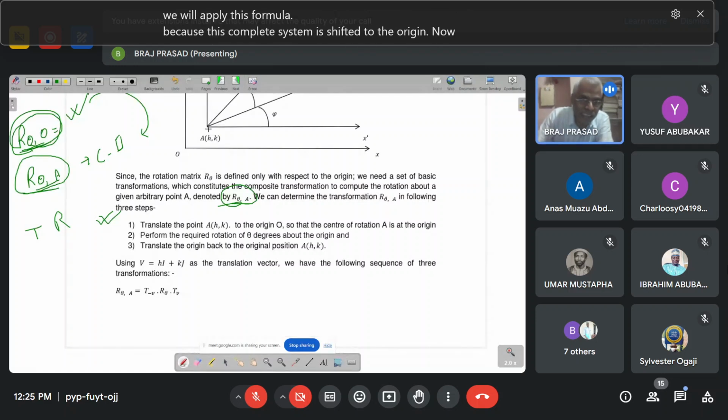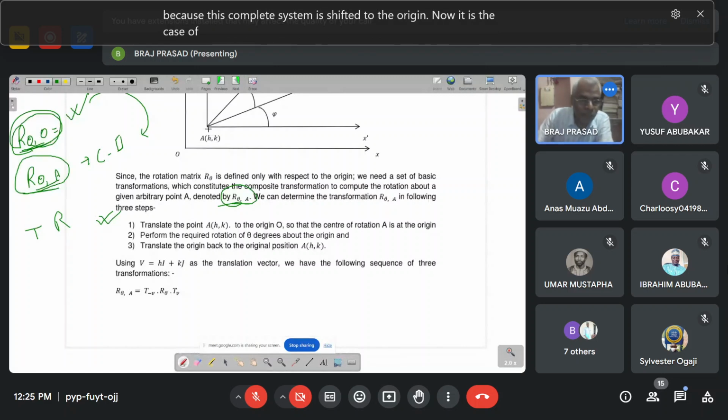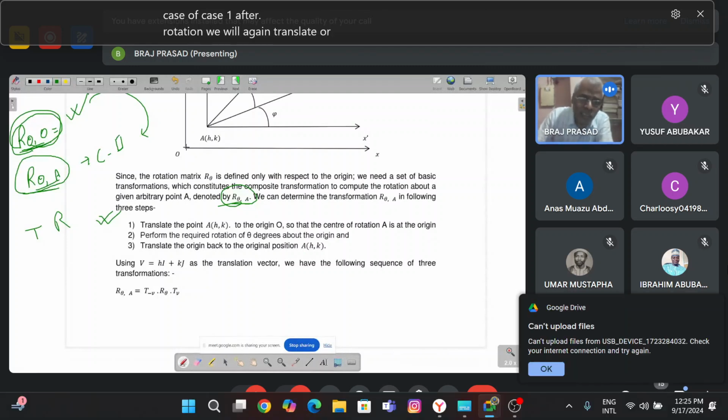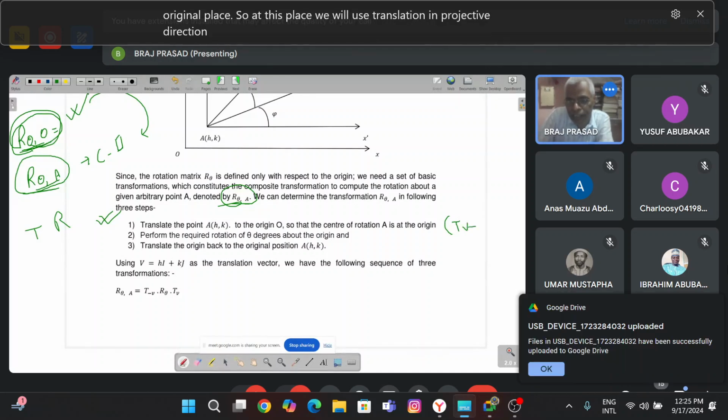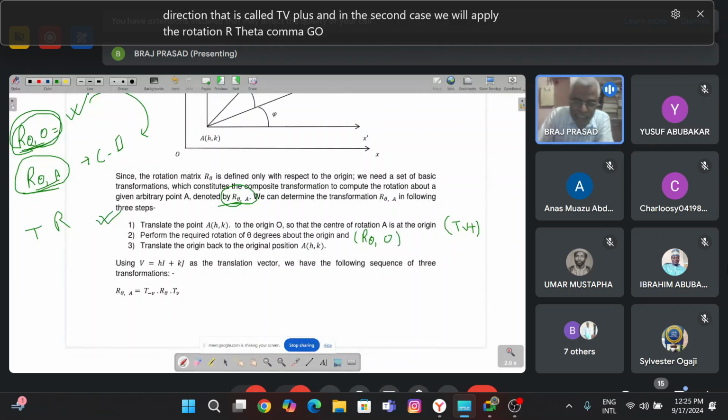Now it is case 1. After rotation, we will again translate, or shift, the translated value back to the original place. So at this place we will use translation in the positive direction, that is called TV plus. And in the second case we will apply the rotation r theta comma 0, that is case 1.